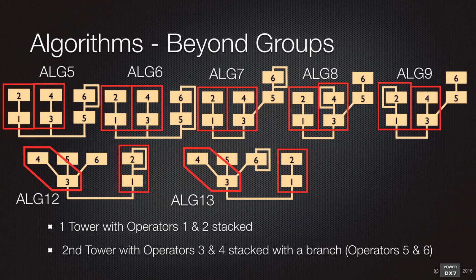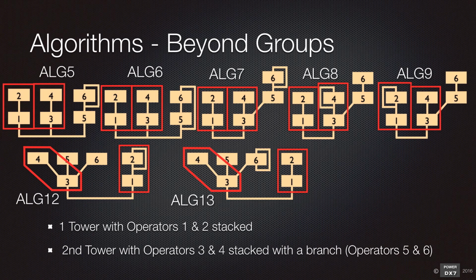Note that algorithms 5 and 6 have 3 towers. For algorithms 7, 8, and 9, they have 2 towers. On their operator 3, there are 2 branches with operators 4 and 5. Operator 6 is stacked on top of operator 5.